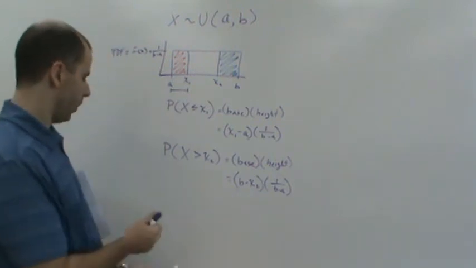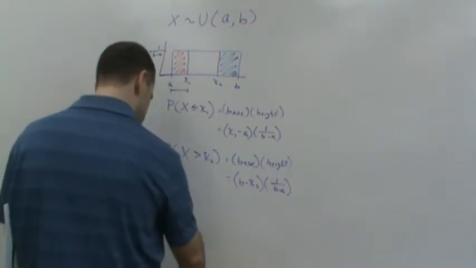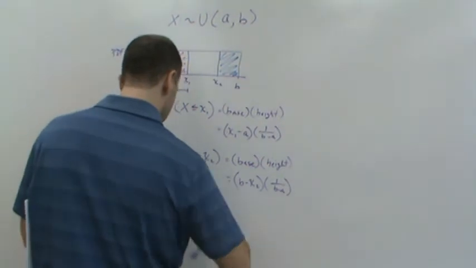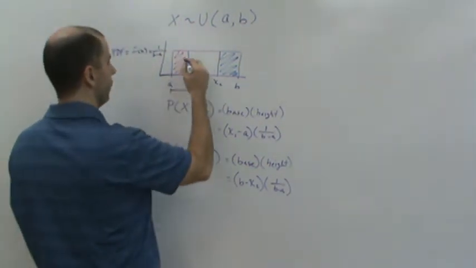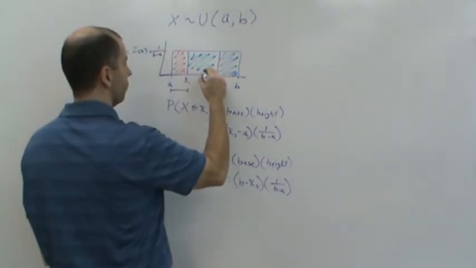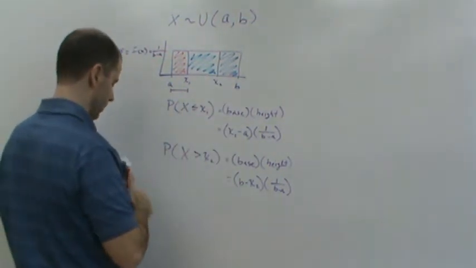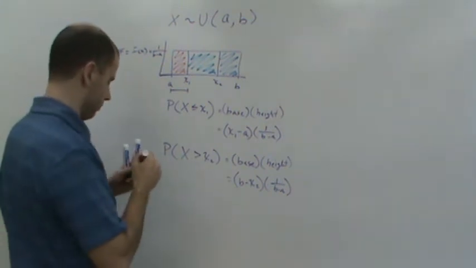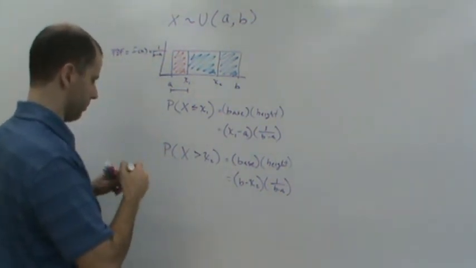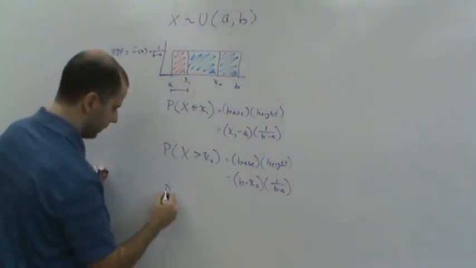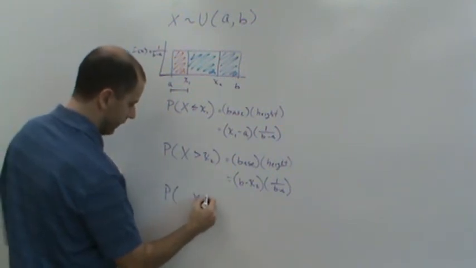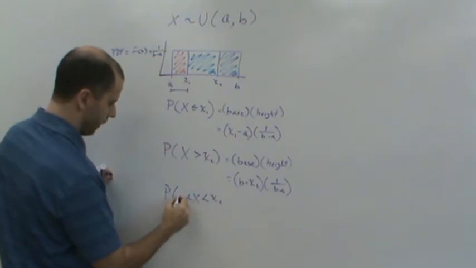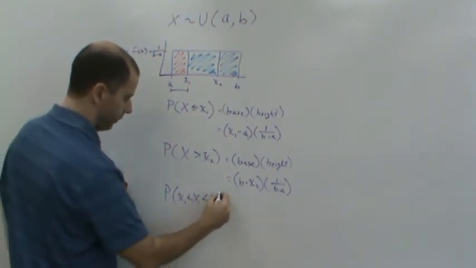Okay? Now, what about between? What if we're interested in the area between these two? Same thing. We want the probability that x is less than x2 and greater than x1.